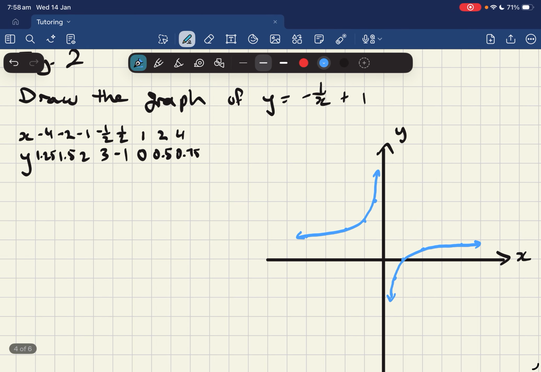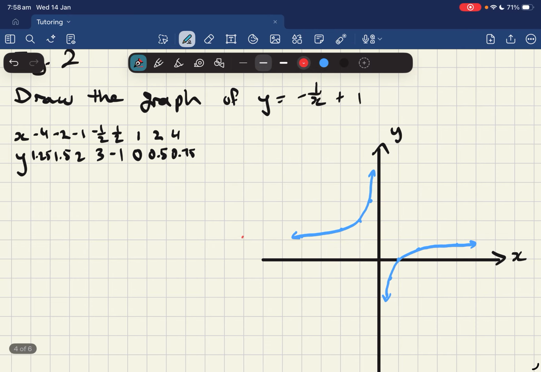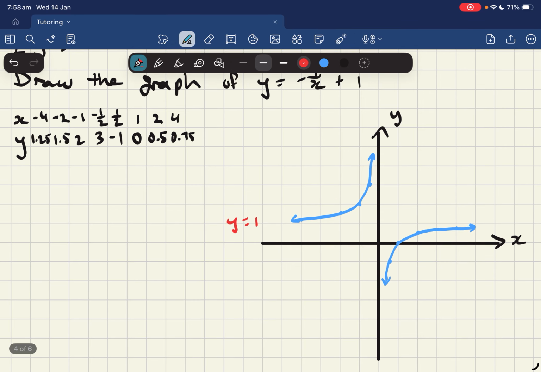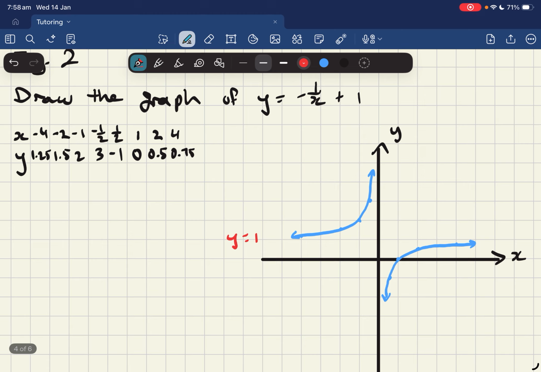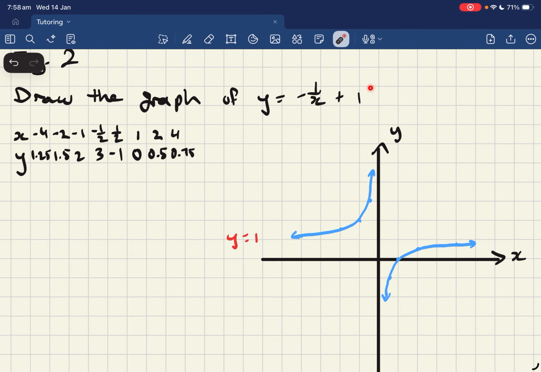It appears that my asymptote has gotten shifted up one. So my horizontal asymptote is now the line y equals 1. And my asymptote here is still x equals 0. So it appears that this guy seems to be shifting my graph up or down.